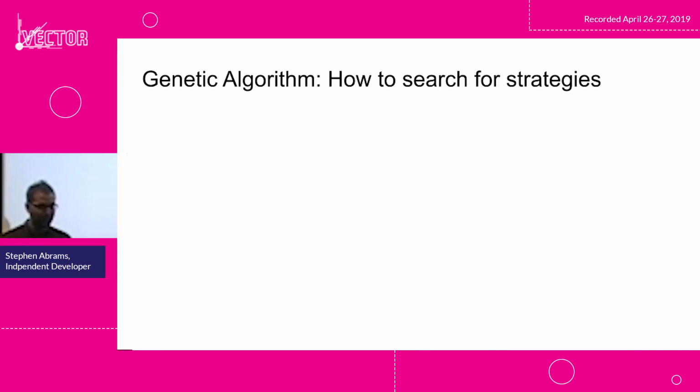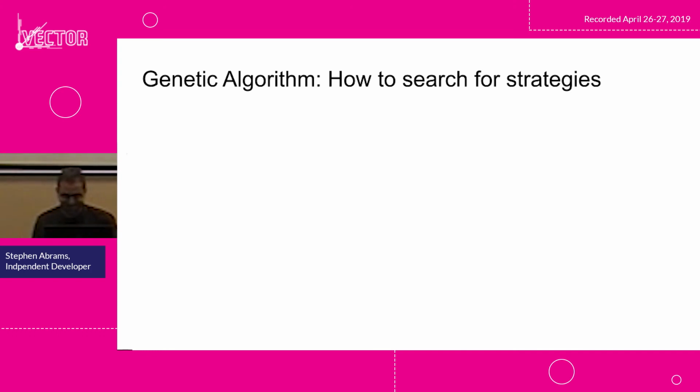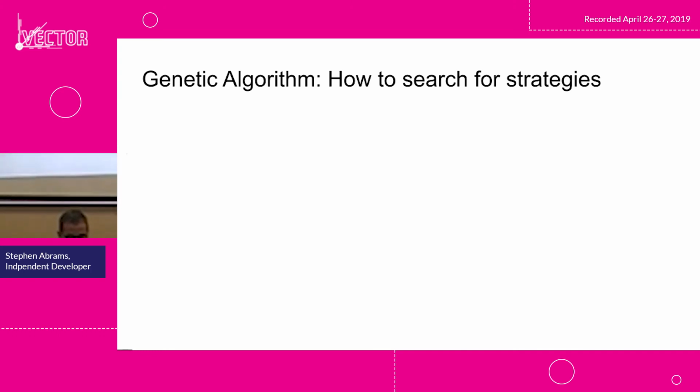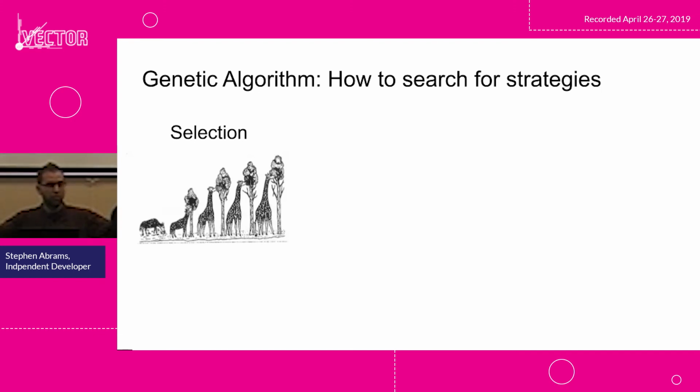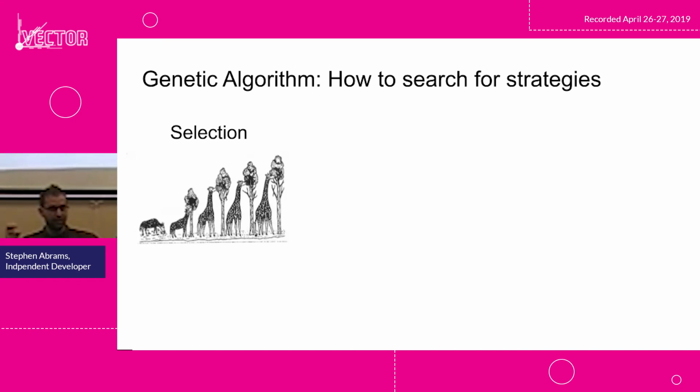Okay, this is not that cool, but I will show you the mechanics of how it works. Essentially, it's modeled after the real genetic process, although the analogy breaks down at some point, of course. But the basics of genetics are baked into this process. You start with a pool of things. You have to decide which ones are more fit, and I'll show you how we do that. Those are the ones that get selected to move on to the next round.